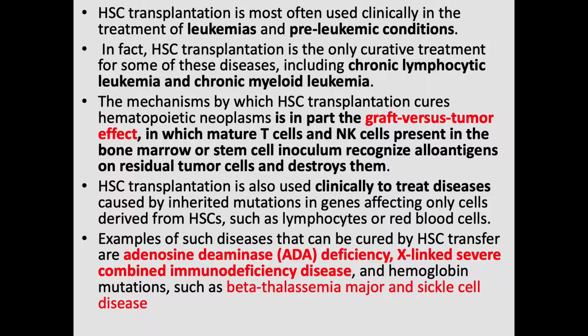So those immune cells will attack normal recipient cells, in the same way as we discussed in some rejection reactions. But this time, the graft causes immune damage of our recipient cells, and this is called graft versus host disease.